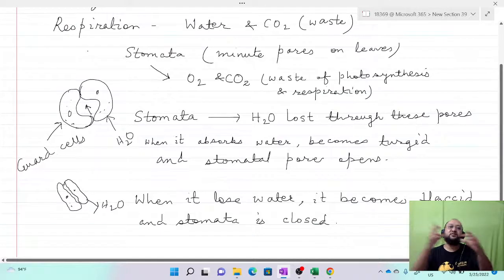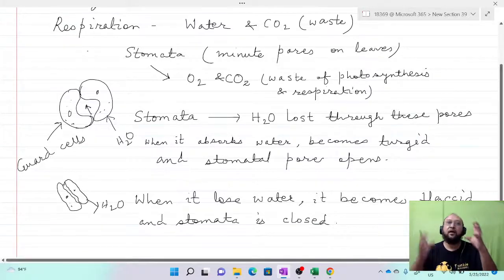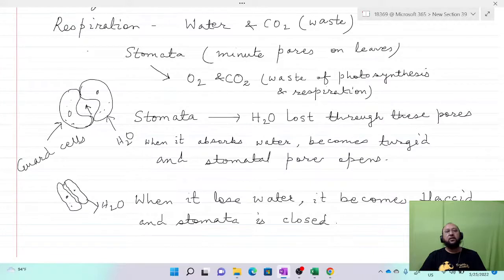Two guard cells form one stomatal pore. These guard cells open and close by absorbing water and losing water. So what happens when there is a requirement of losing water during transpiration? These stomata are open.